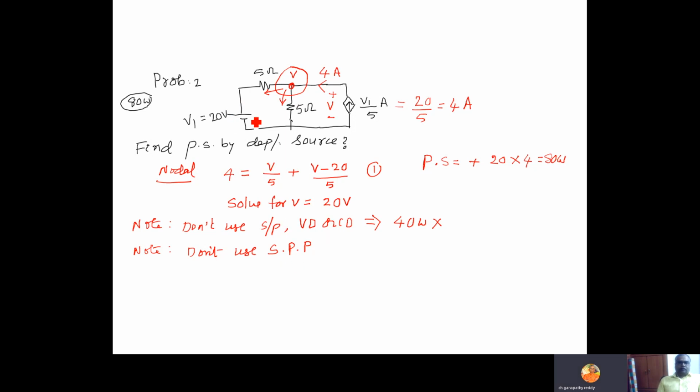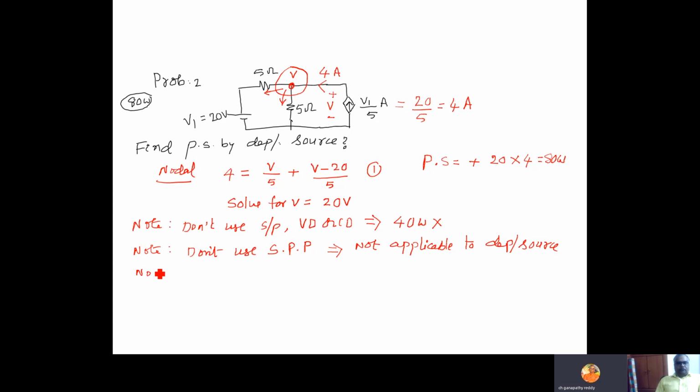Superposition principle is applicable to independent source, not applicable to dependent source. This principle is not applicable to dependent sources, and there is only one independent source, so there is no use of this.